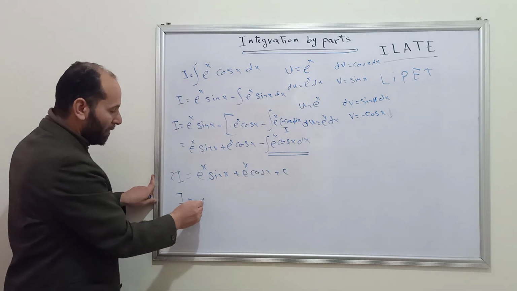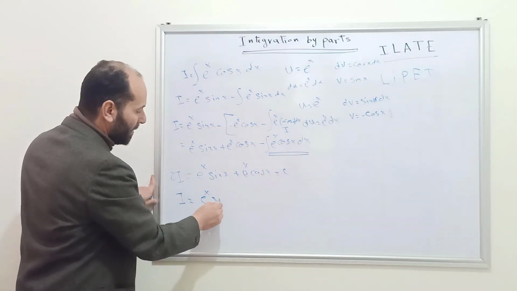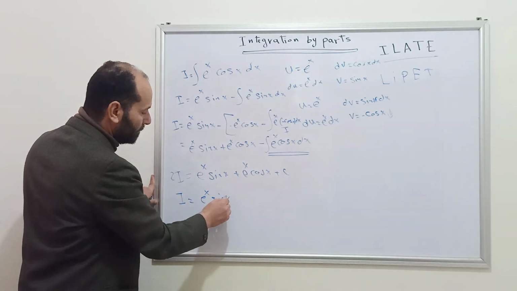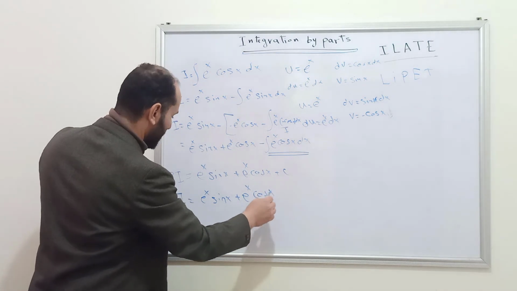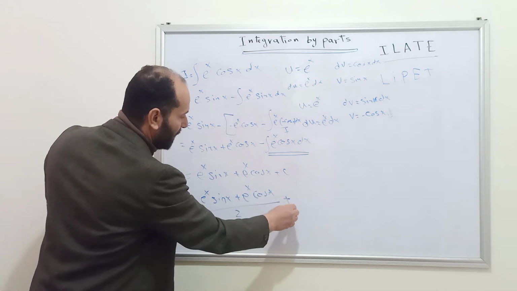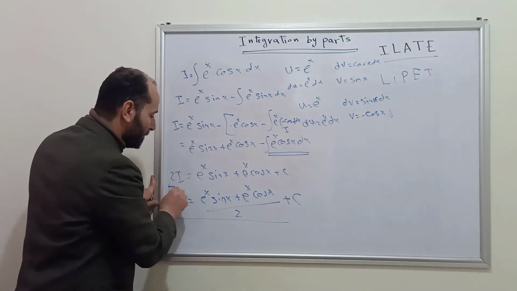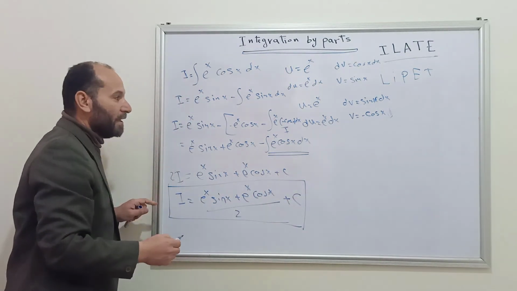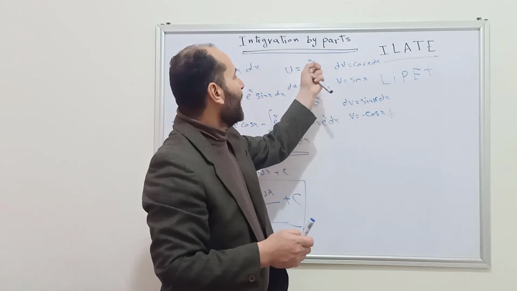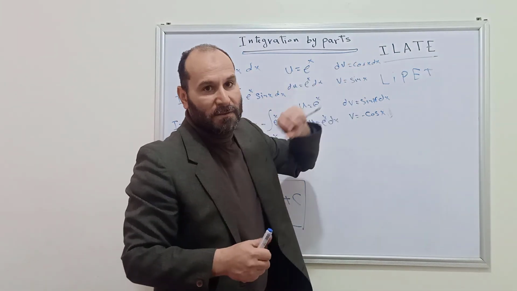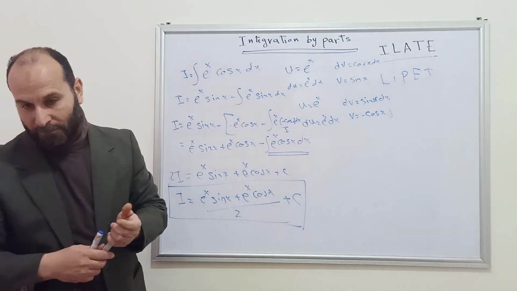So I equals e power x sine x plus e power x cosine x over 2 plus c. This is the same value of the integration if we take u equals cosine x and dv equals e power x dx. Thank you.